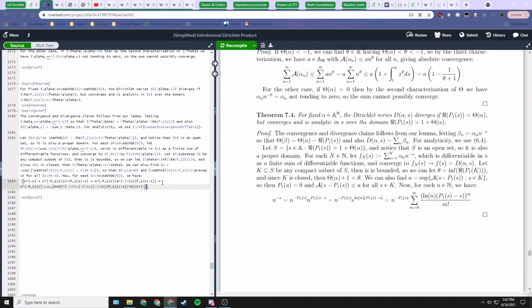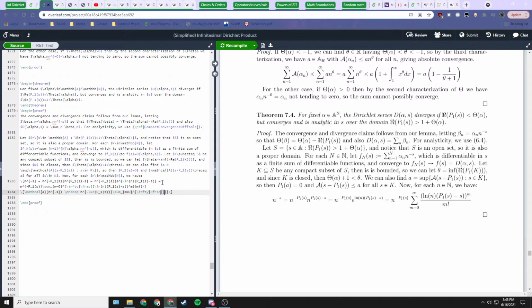And then this gives us that A of n power minus S is preceding or equal to n to the power of the negative real part of P1 of S times the summation m equals 0 to infinity.